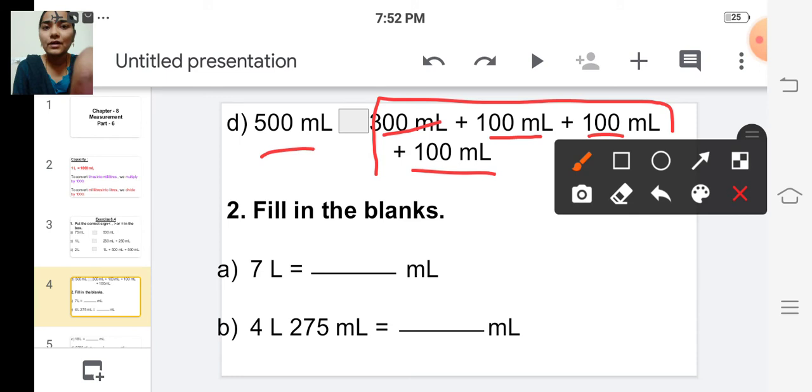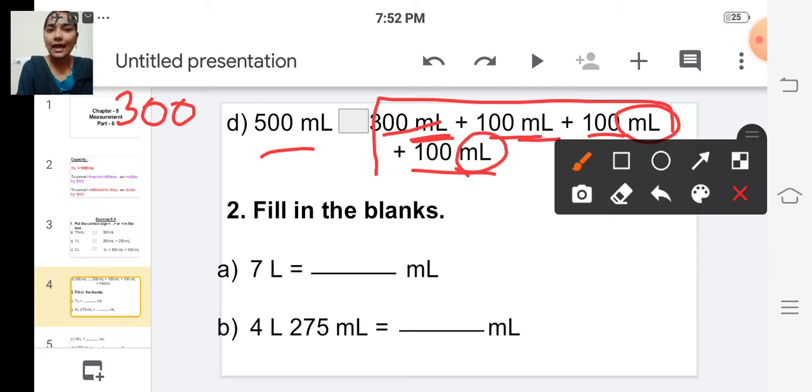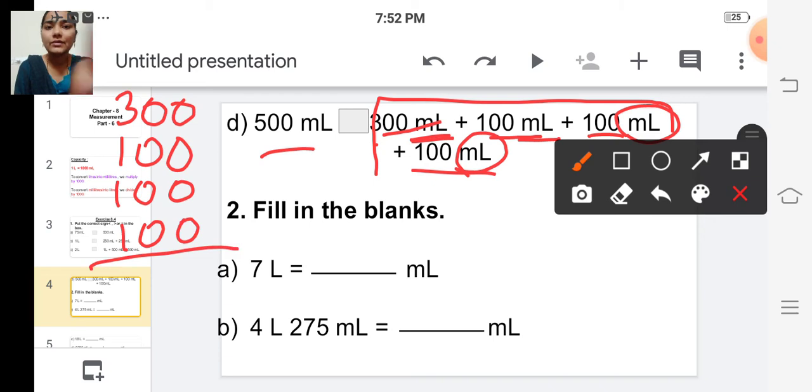Okay. So the first one is 300 milliliter. So all the units are same, right? Here milliliter, here milliliter, here milliliter and here also milliliter. So we can add directly. Okay. So the first one is 300 milliliter and the next one is 100 milliliter and the next one is 100 milliliter and the last one is also 100 milliliter. So we are going to add.